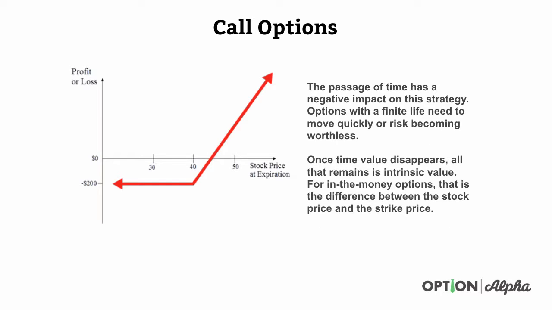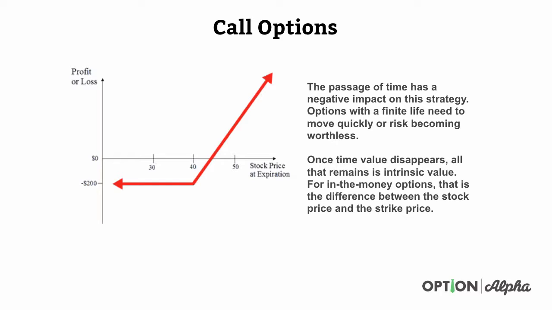Now, as time passes, it has a negative impact on the strategy. And that really goes for all long options, because options have a finite life. As they go quicker and quicker towards expiration, the time left for the stock to move into a favorable zone is going to be less and less. Once the time value disappears, then all that remains is the intrinsic value, so the difference between the strike price and the current price of the market.